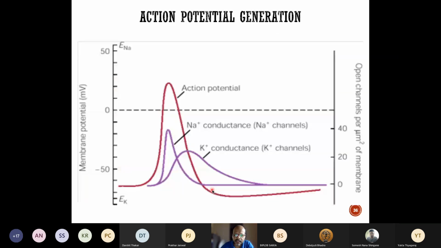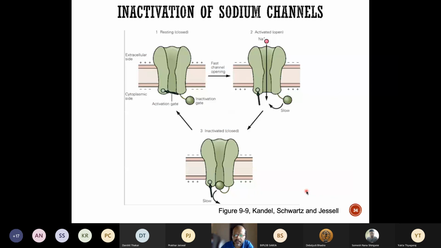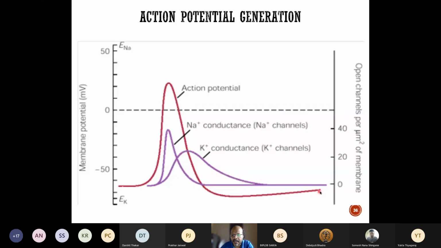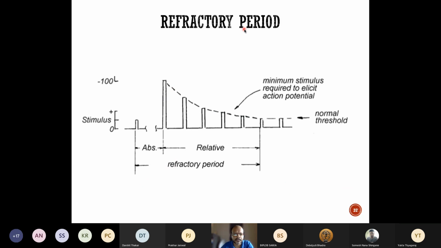So even if you inject another strong current pulse here, you won't be able to generate another action potential. That's because all the voltage gated sodium channels are blocked right now. They are in this inactivated state. So there will be some time before this neuron can again fire an action potential, and that is called the refractory period.